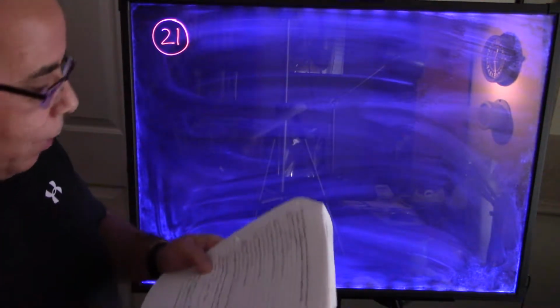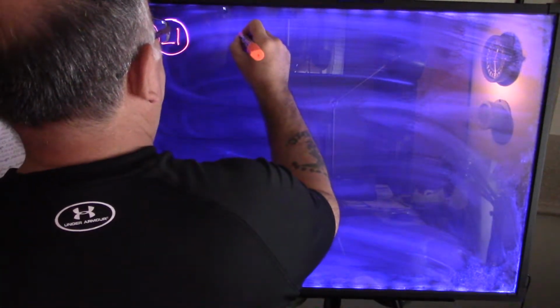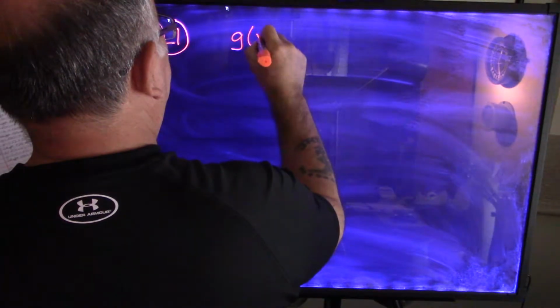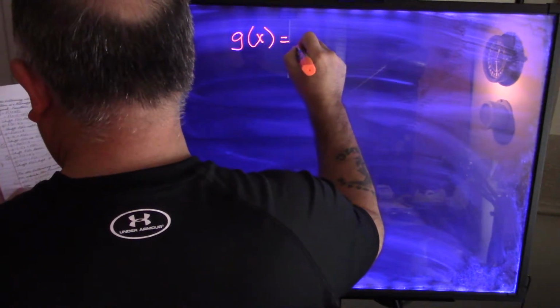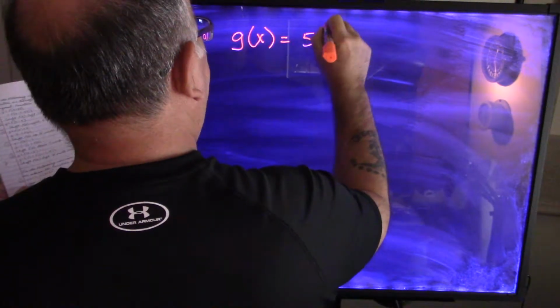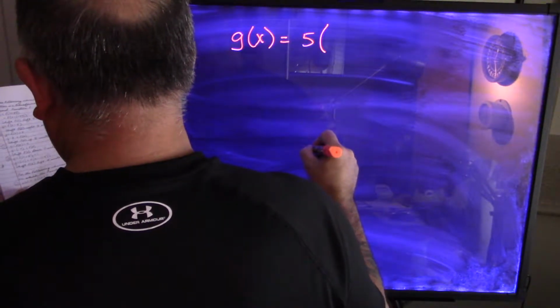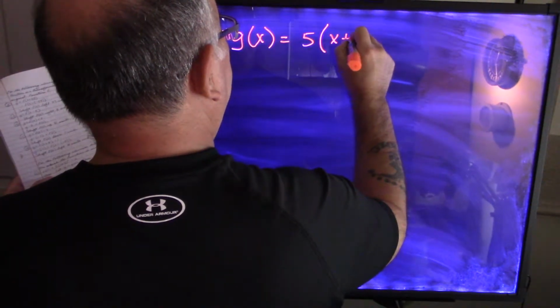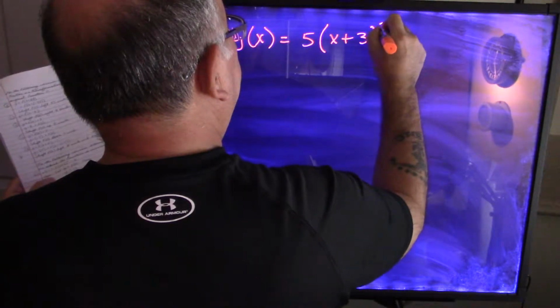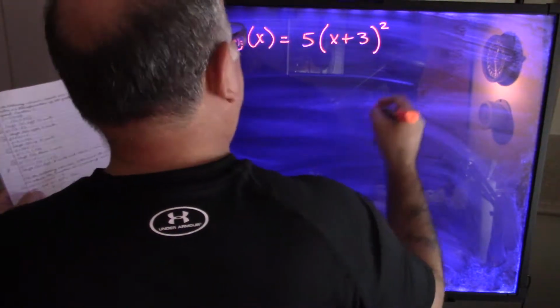Okay, number 21. For the following exercises, determine the interval or intervals on which the function is increasing and decreasing. So we have a function here, g of x equals 5 times the quantity x plus 3, squared, minus 2.